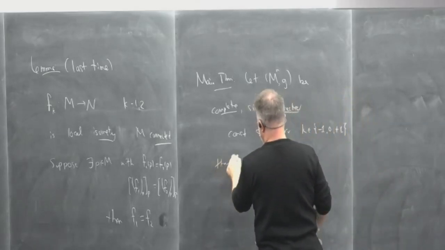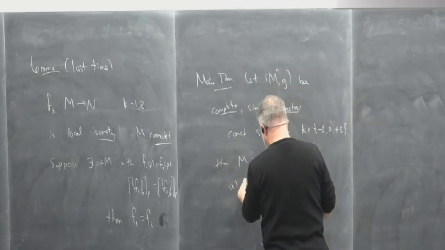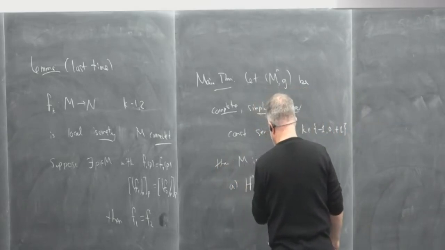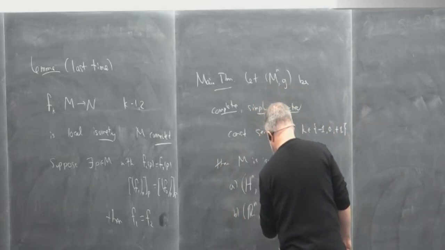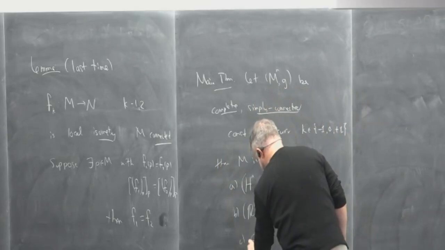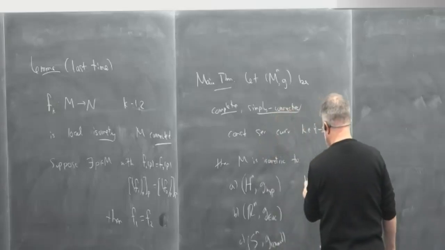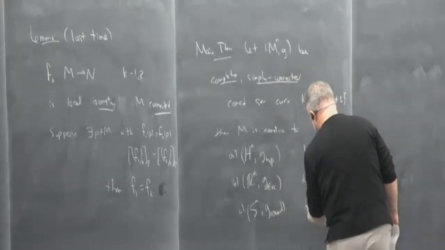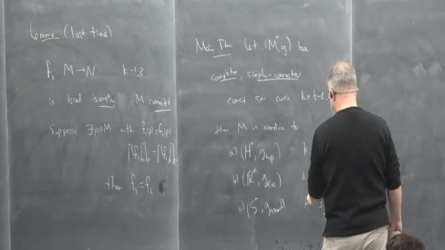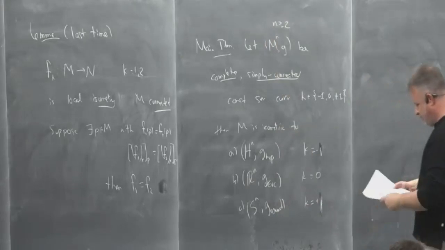Then M is isometric to one of the three model spaces. Let me write them down. H^n hyperbolic, R^n Euclidean, and S^n round metric. And of course, this is k equals -1, this is k equals 0, and this is k equals +1. And of course, n is at least 2, otherwise we're not doing anything interesting.